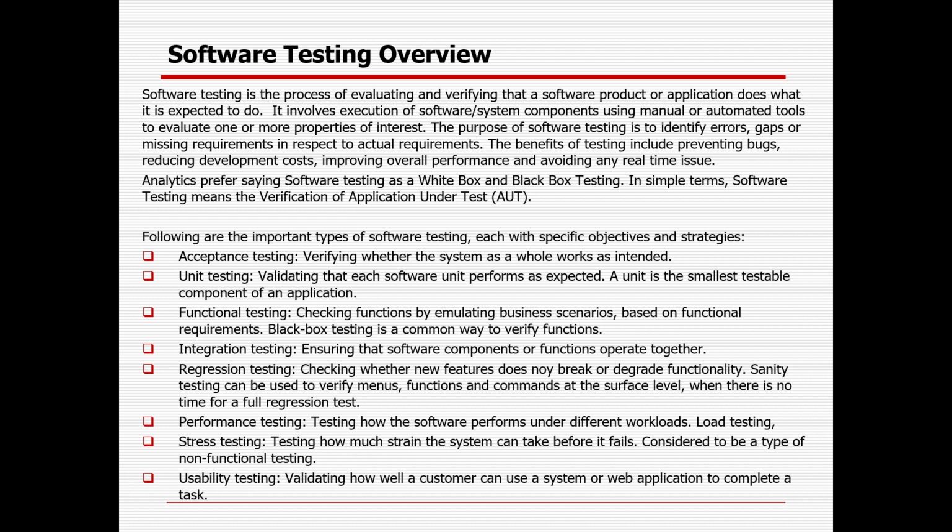So software testing is the process of evaluating and verifying that a software product or application does what is expected based on the requirement. It involves execution of a software, system or component using manual or automated tools. It does not matter whether you are doing manual testing or automation testing, but you need to test based on the requirement.